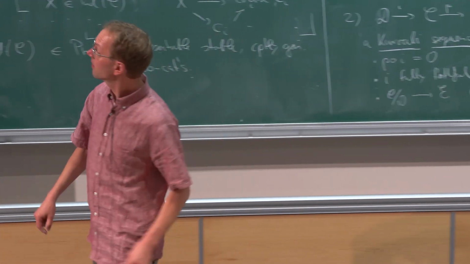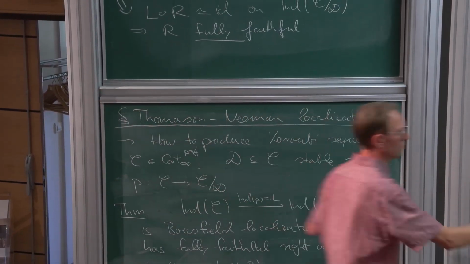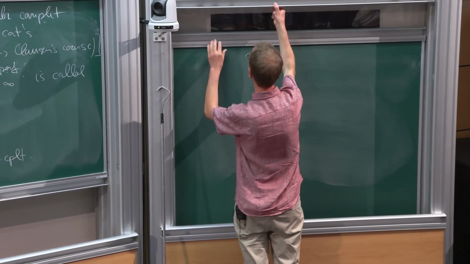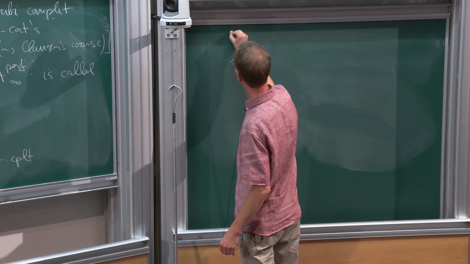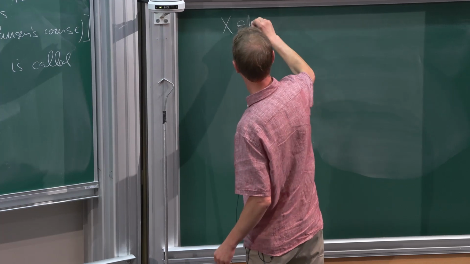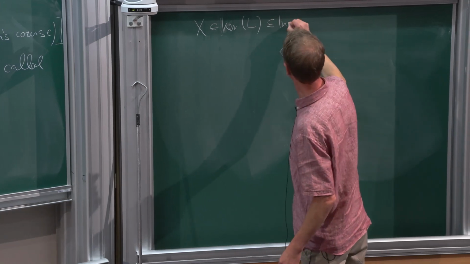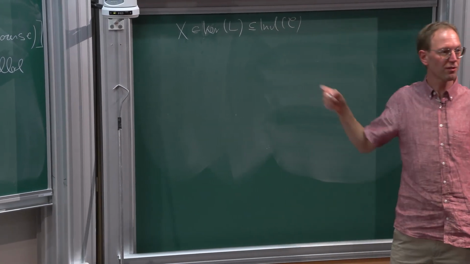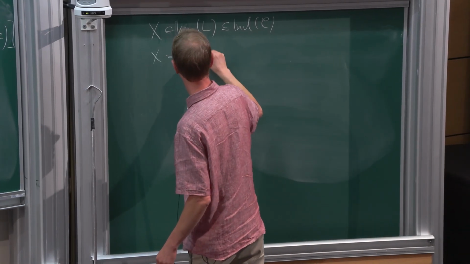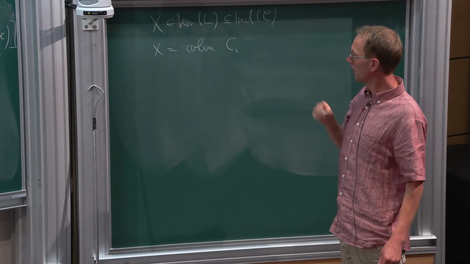Okay, now maybe let's also compute this kernel. Let's do it over there maybe. So let's take any x in the kernel of L. This is in particular in the Ind-completion of C, which means you can write this x itself as a filtered colimit of objects Ci.